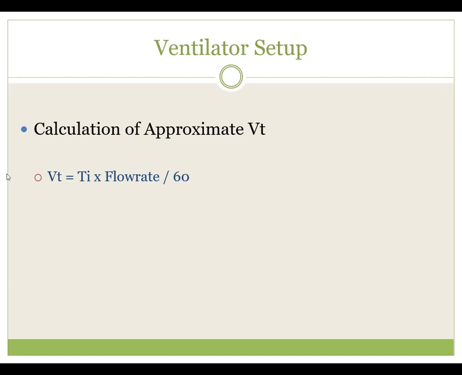If you have a pressure-driven flow ventilator, and the physician wants you to calculate the approximate tidal volume you're giving the patient, tidal volume equals inspiratory time times flow rate divided by 60.